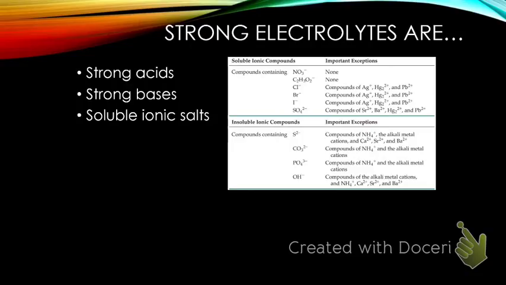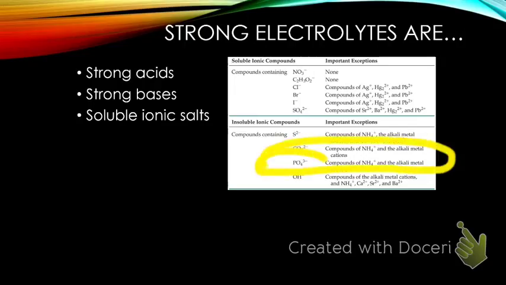Likewise, anything that's a carbonate will be insoluble except for ammonium and the group 1 metal cations. The same is true for phosphate. So if you notice, phosphate and carbonate are identical here.